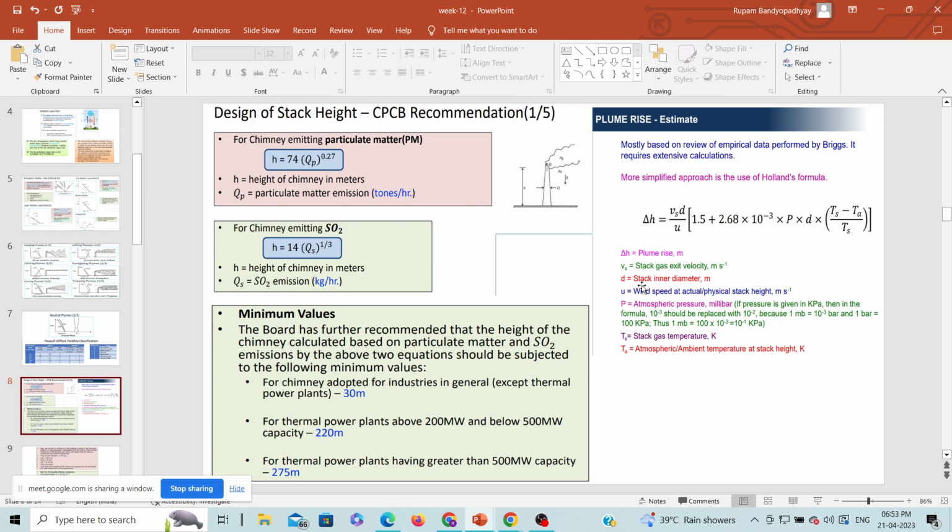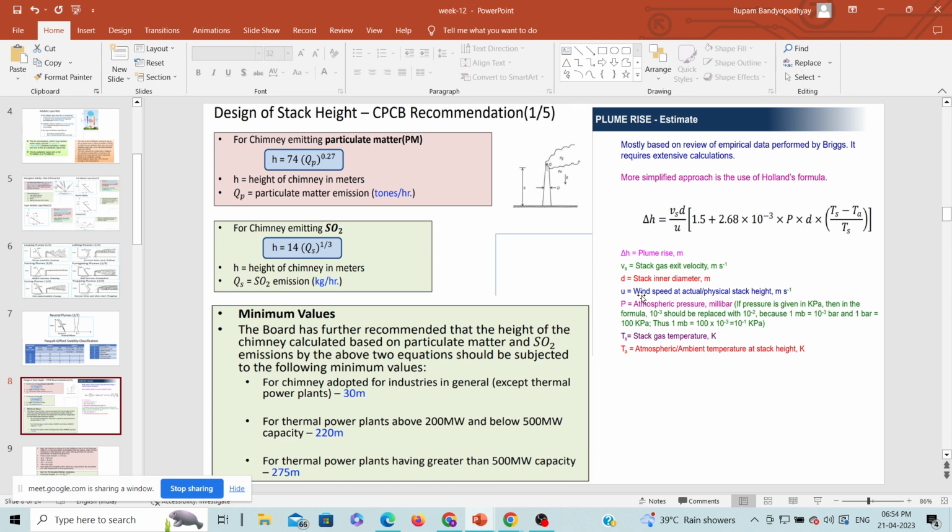U is the wind speed at that height. Suppose the wind speed is given at 10 meter height, so you have to calculate the wind speed at the stack height. Suppose the stack height is 200 meters; you have to calculate the wind speed at that 200-meter height.